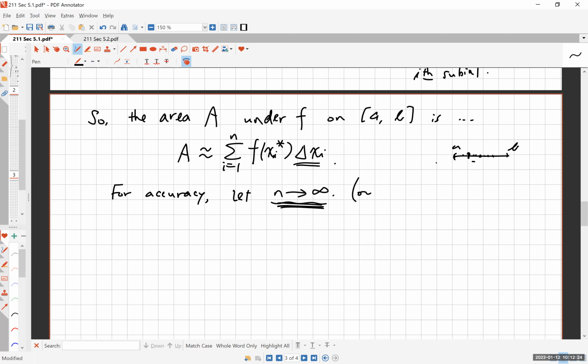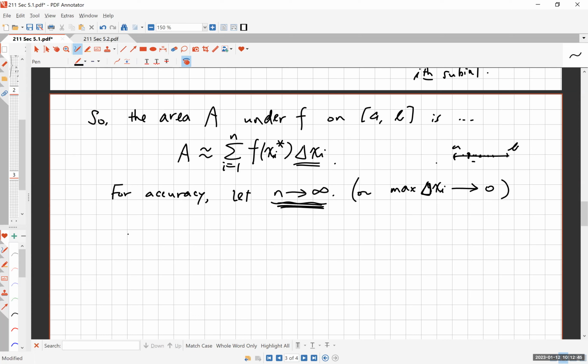So what you can do is take the maximum value of delta x_i, the length of the biggest subinterval, and have it approach 0. That would be the more accurate way of saying this.